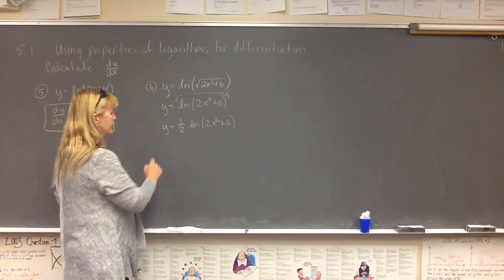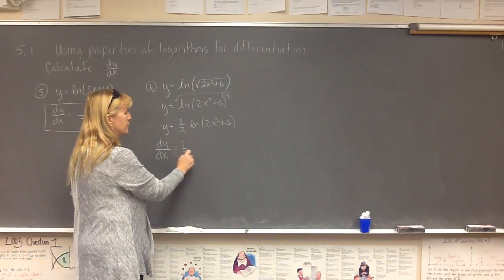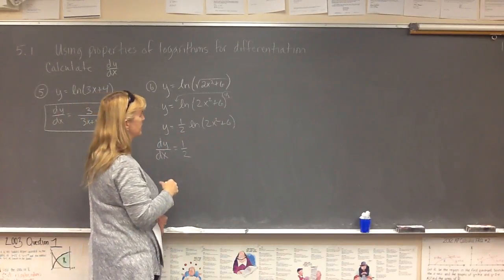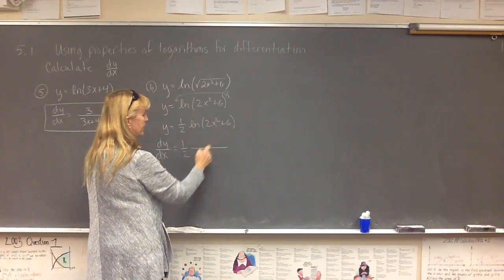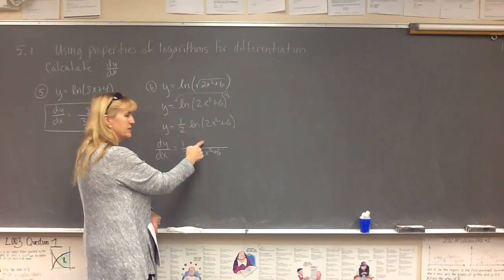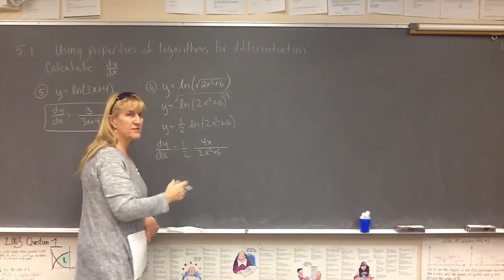Now we're ready to take the derivative. So now dy/dx is equal to the 1/2 just comes along for the ride. It's just one of the coefficients on the outside. And now I have this quantity that my natural log is being applied to, 2x squared plus 6, and its derivative on top, which is 4x. This is a lot nicer. I don't have the square root stuff.